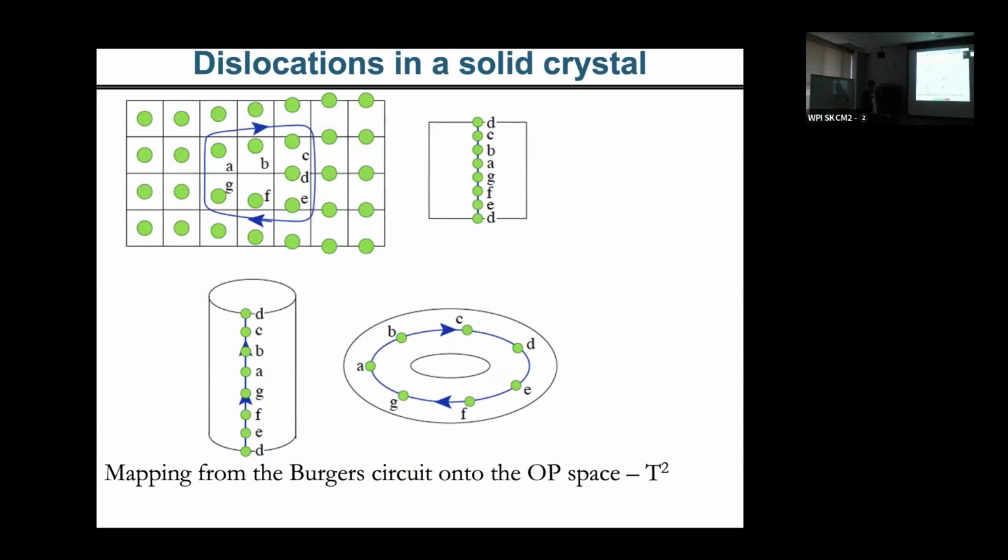So they could be also in smectic liquid crystals, which would have one-dimensional quasi-long-range positional order, or in columnar liquid crystals.